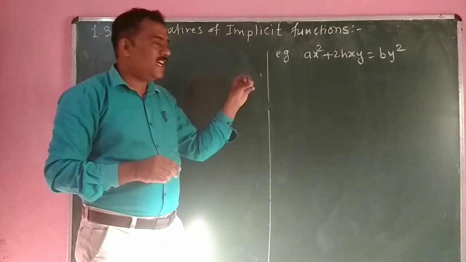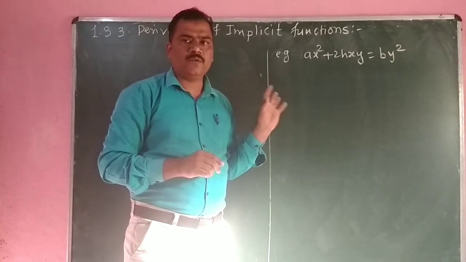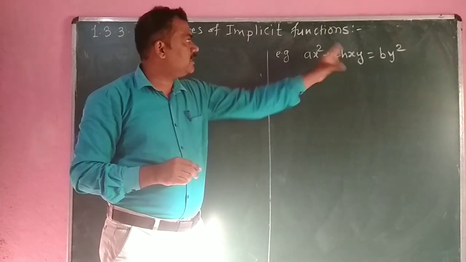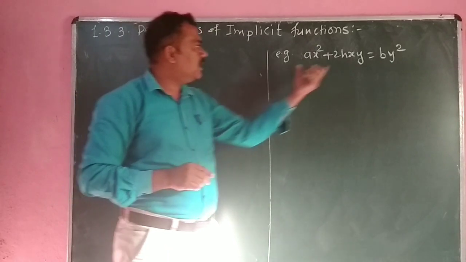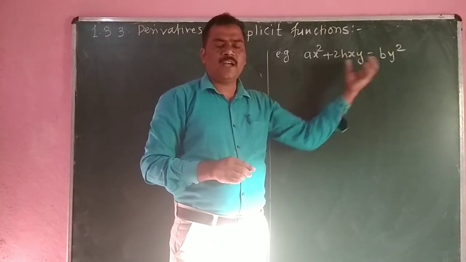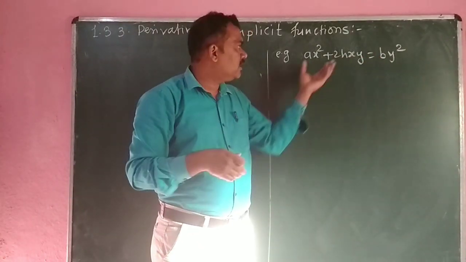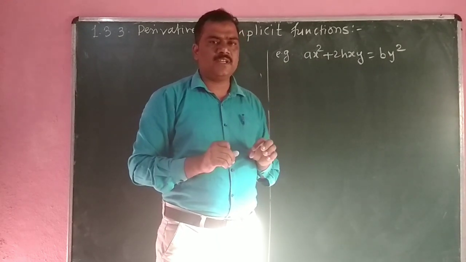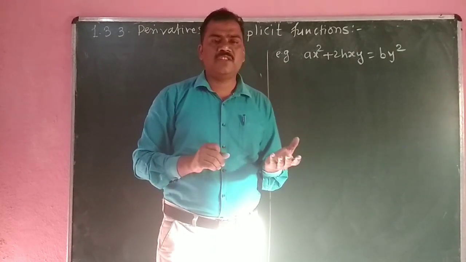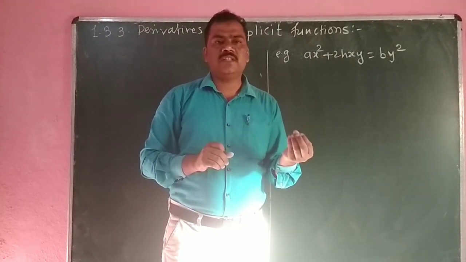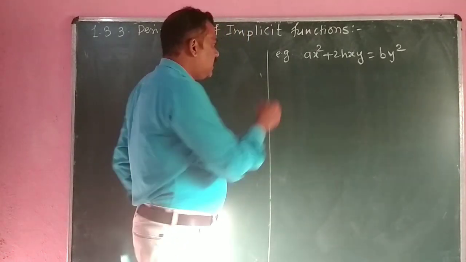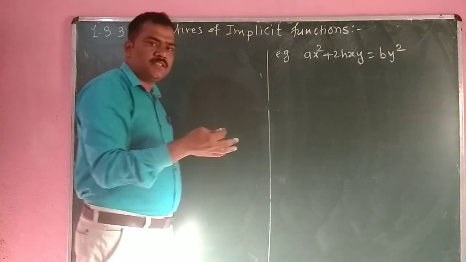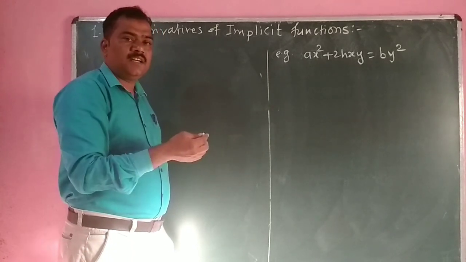Suppose this is the implicit function, because the variables x and y are mixed together, so it is called an implicit function. Now we will discuss stepwise how to take the derivative of this type of function, and then we can easily understand it.